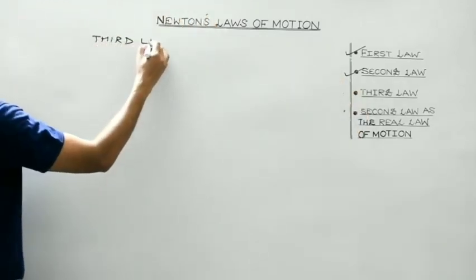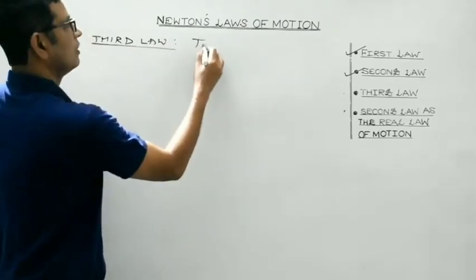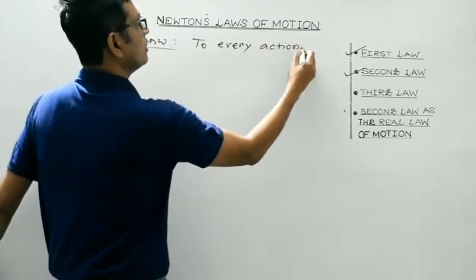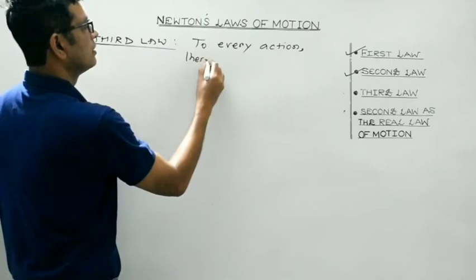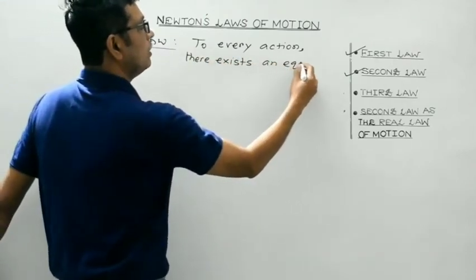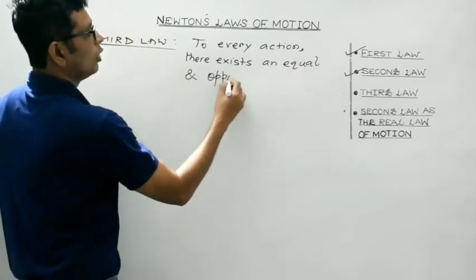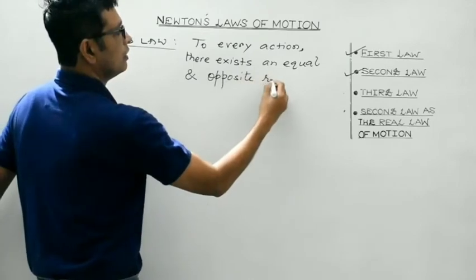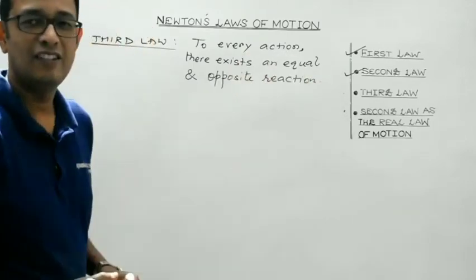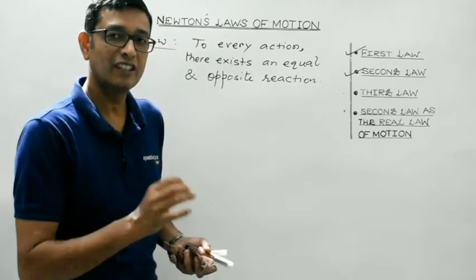The third law simply states that to every action, there exists an equal and opposite reaction. This is the statement. To each and every action, there always exists an equal and opposite reaction.